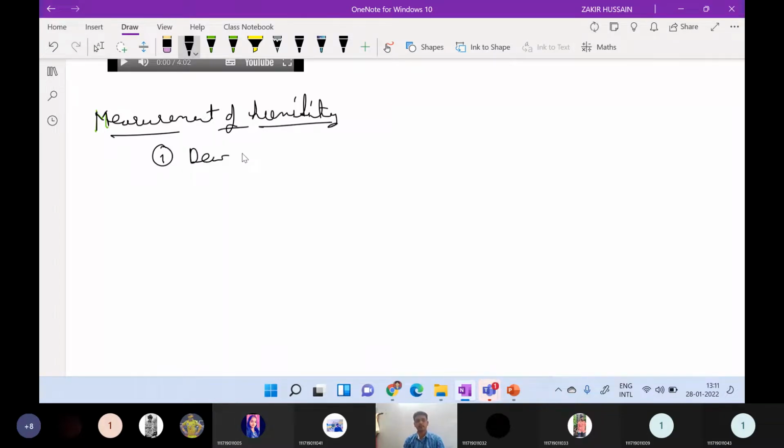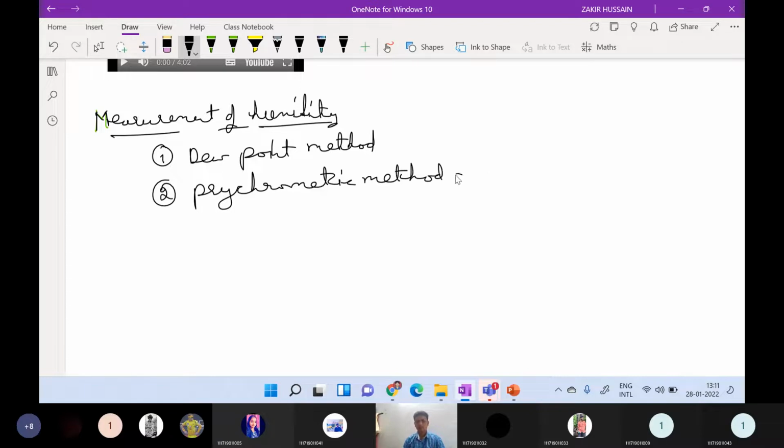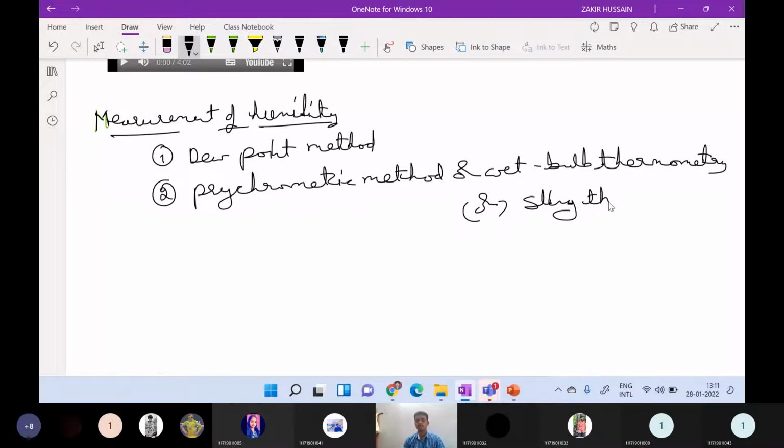One is the dew point method. The second one is the psychrometric method, or we can call it wet bulb thermometry, or we can call it sling thermometer. The device used to measure the wet bulb temperature and dry bulb temperature simultaneously is called a sling thermometer.